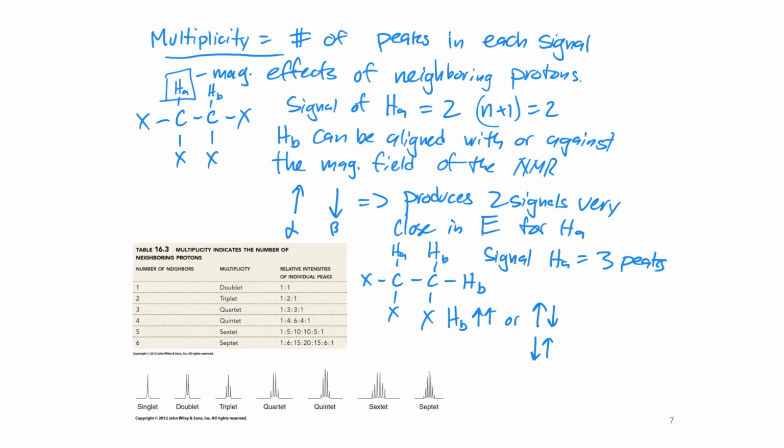That would produce the same amount of energy, and so the signal that's produced by both of these would actually add together, and we could have them both aligned against the magnetic field. And so when we add these up, we get a 1:2:1 ratio, because this middle situation occurs twice as often as the 2 outside situations. And so that's what gives us the 1:2:1 ratio for the triplet.